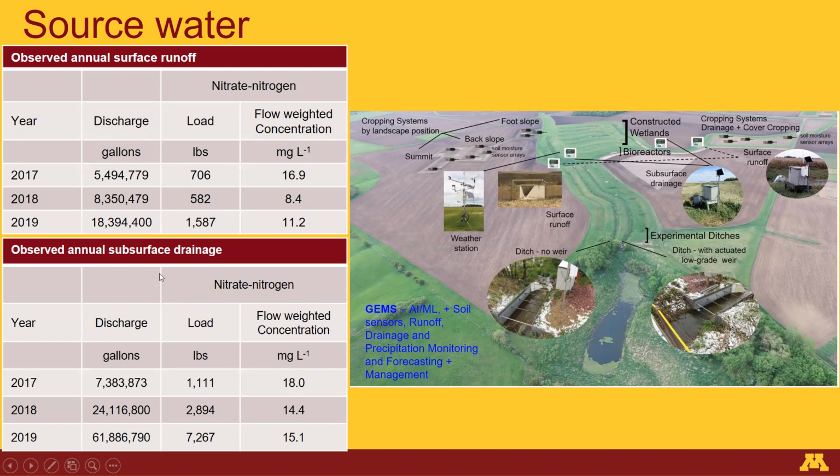When we look at our annual subsurface drainage data from our site, again, we see that in the progressively wetter years of 2018 and 2019, we saw considerably more subsurface drainage outflow in terms of volumes of water under those conditions compared to that slightly above average year of 2017.